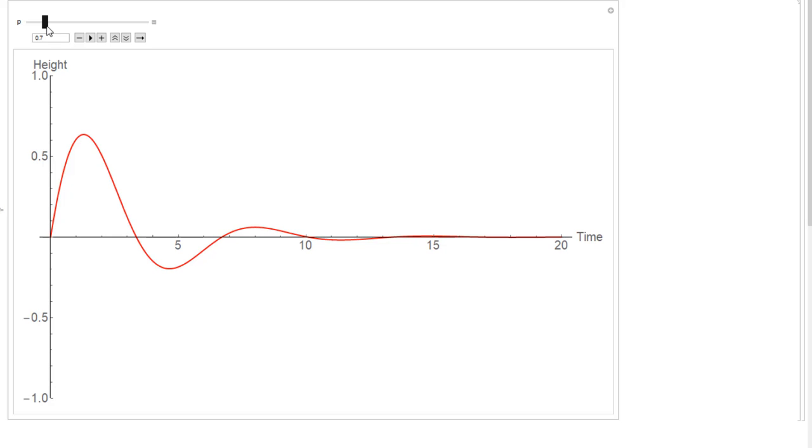After the first oscillation, the second oscillation only gets to a maximum height of a little bit less than 0.1. And by the time we get out to 20, we just can't detect the oscillations at all. There is a hint that the first 0 occurs at a value slightly greater than pi here.